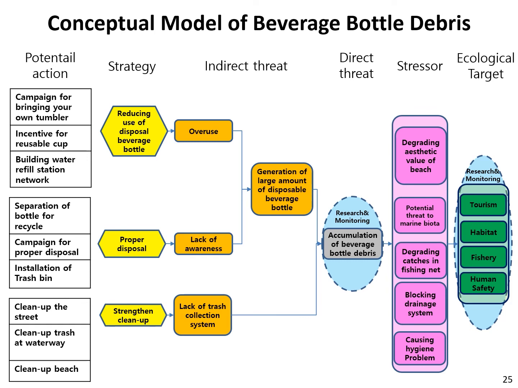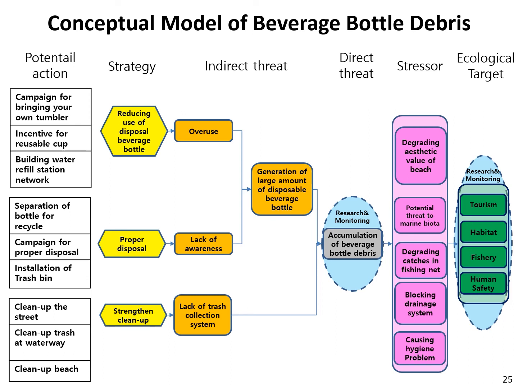We drafted this conceptual model by identifying the indirect threats, including overuse, lack of awareness, and lack of trash collection system. These result in generation of large amount of disposable beverage bottles and accumulation of beverage bottle debris in marine environment.